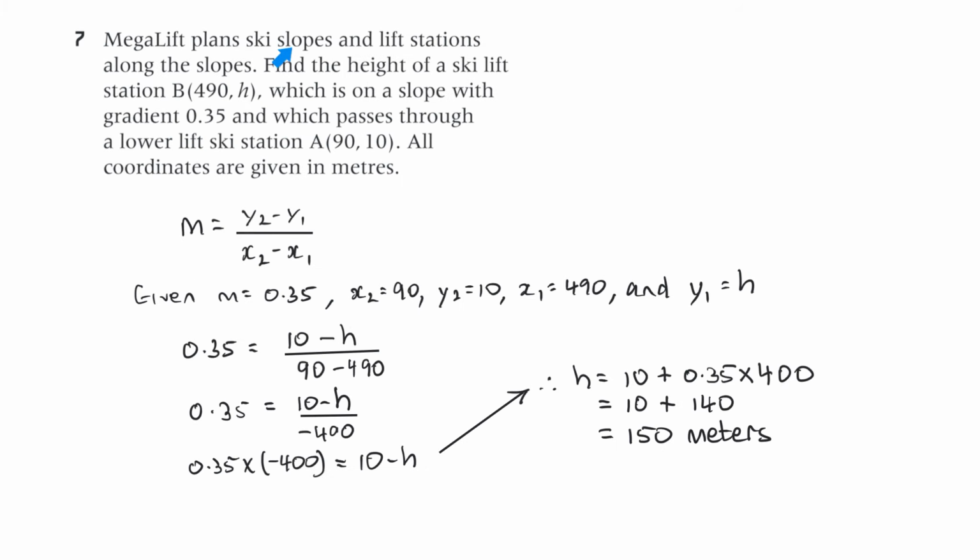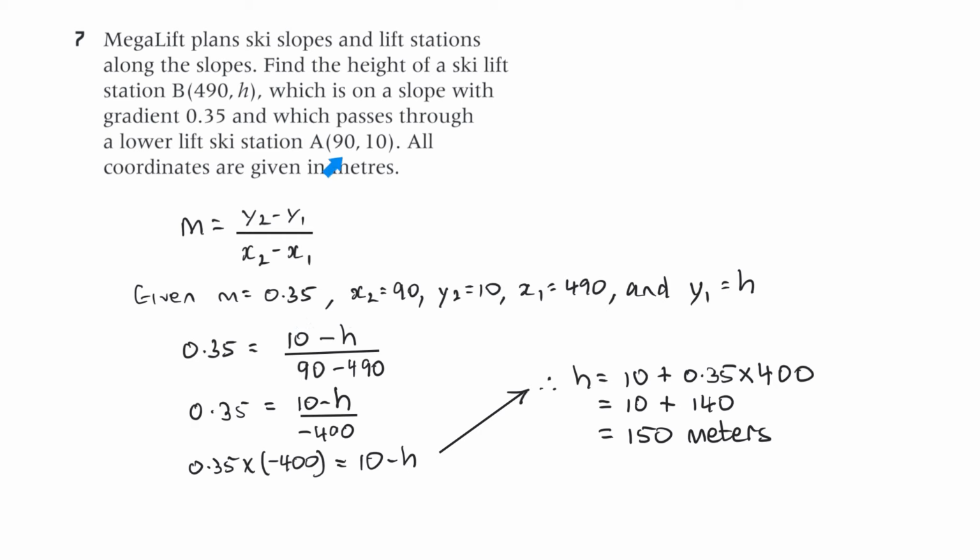7. Megalit plans ski slopes and lift stations along the slopes. Find the height of a ski lift station, B, at that coordinate, which is on a slope with gradient 0.35 and which passes through a lower lift station at this coordinate. All coordinates are given in meters. Well, this is our slope formula. Now, what do we know? We know m because that's given, that's 0.35.